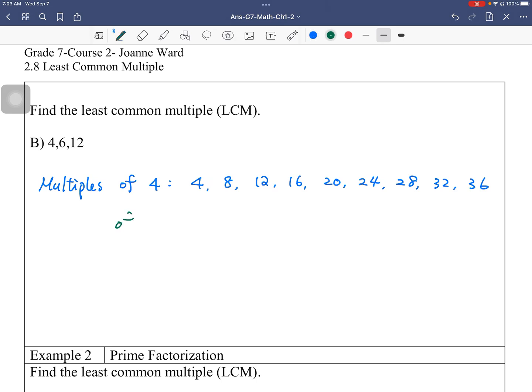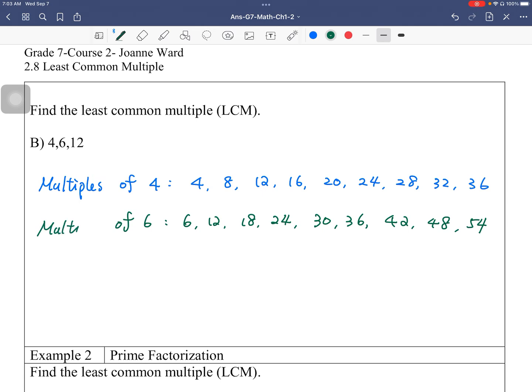Multiples of 6: 6, 12, 18, 24, 30, 36, 42, 48, 54.